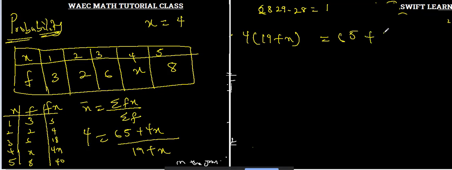I'm sorry, I will not take this place as x. Let's take it as 3, so we can have something that makes sense. So this is 3 now. 3 times 19 is 57, plus 3x equals 65 plus 4x.